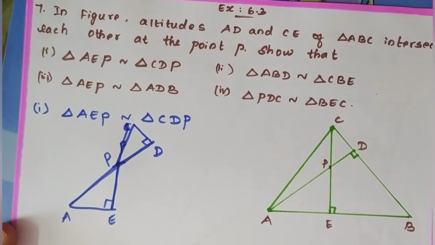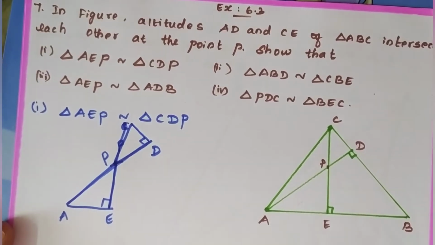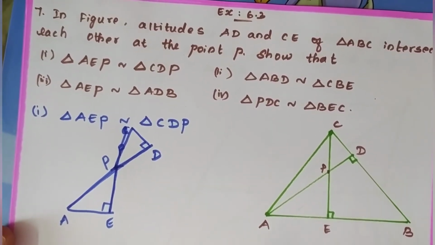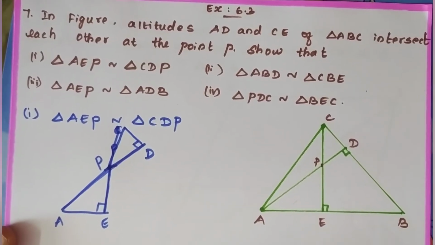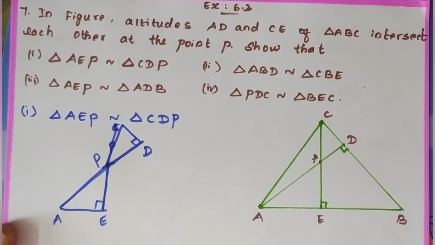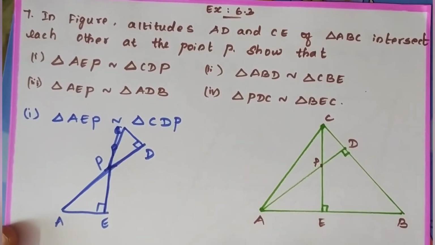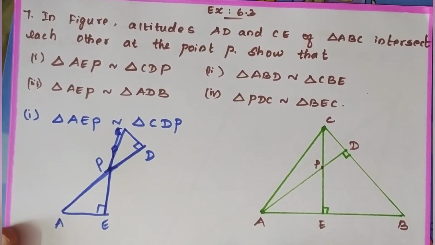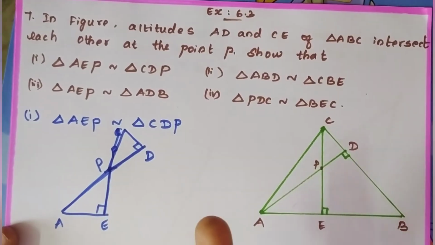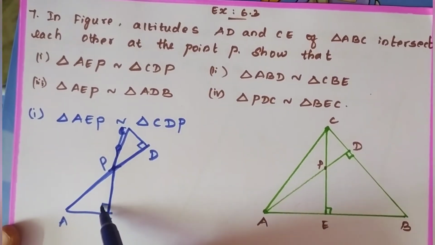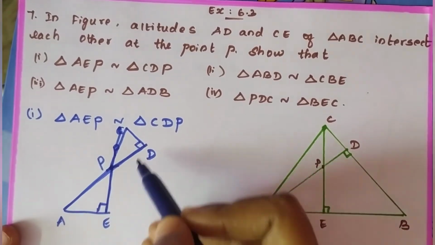How can we prove these two triangles are similar? First, see by which criterion we can prove that the two triangles are similar. Clear? So here they didn't mention anything about the sides. The only thing is the altitude angle is 90 degrees.